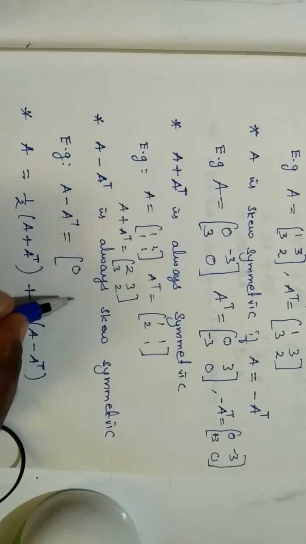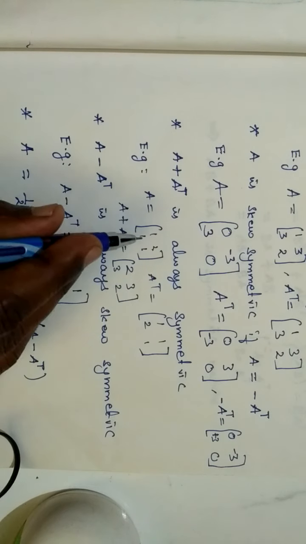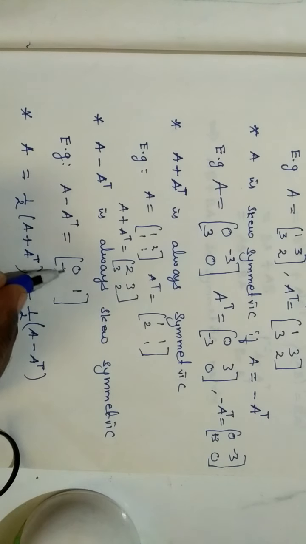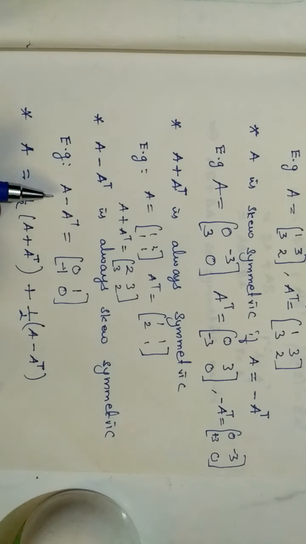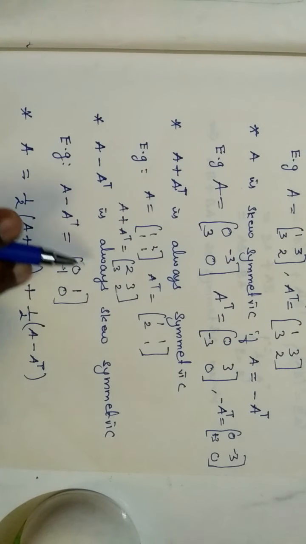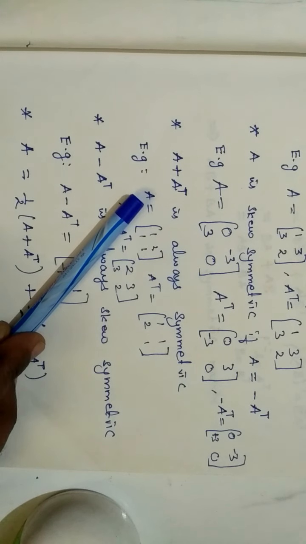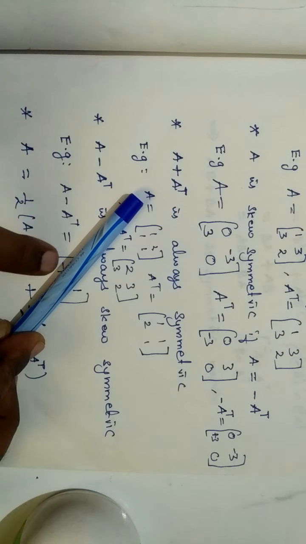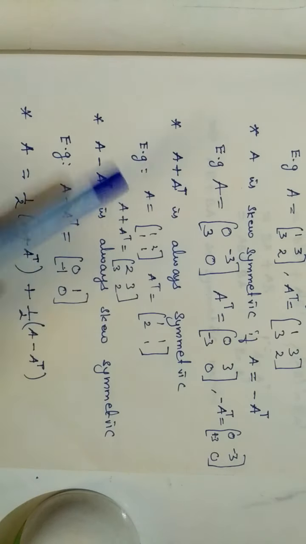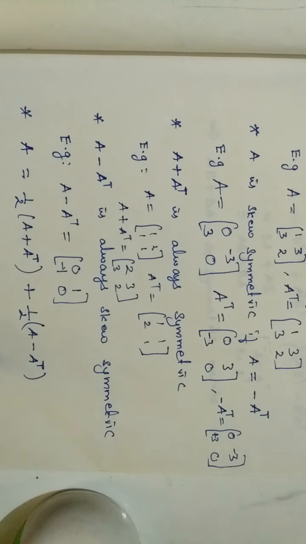So 2 minus 1 will become 1, 1 minus 2 will become minus 1, and 1 minus 1 will become 0. So A minus A transpose is this one, and you see it is a skew symmetric matrix. By seeing, you can say it is skew symmetric because this is minus 1 and that is plus 1, and the diagonals are 0.